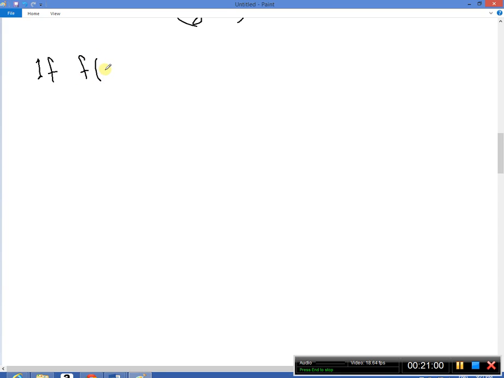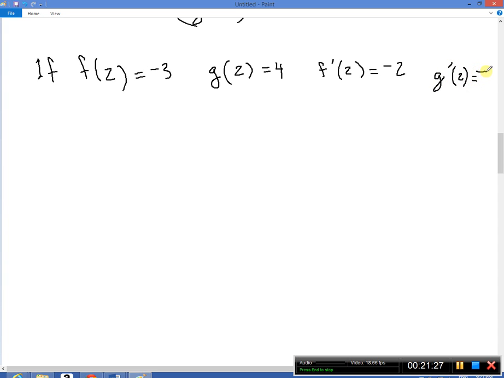Suppose that f of 2 is equal to -3, and g of 2 is equal to 4, and f prime of 2 is equal to -2, and g prime of 2 is equal to 7.